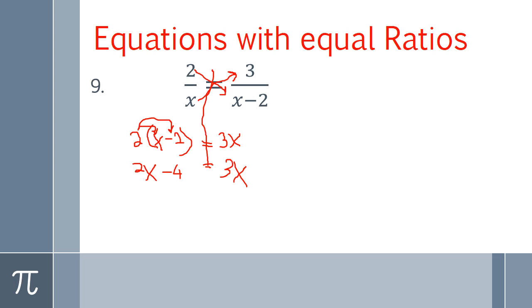Now we have variables on both sides. That means to be able to move one of these variables to the other side, I have to use the inverse operation. Since 2x here has a smaller coefficient, I'm going to take it away to the other side by subtracting 2x from both sides. So I'm going to end up with one number on the left side, which is going to be negative 4.